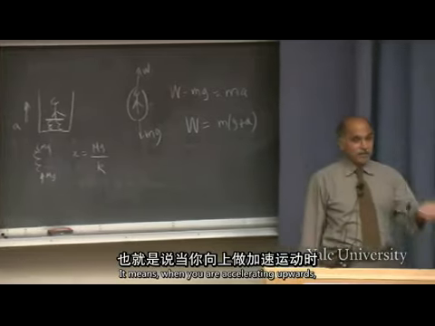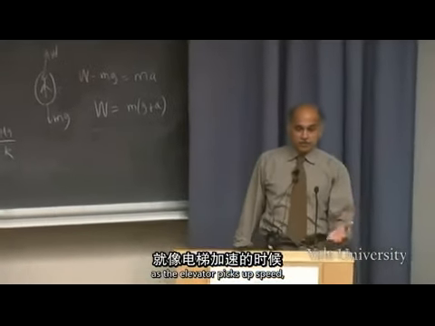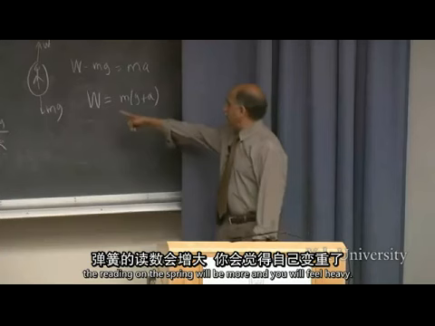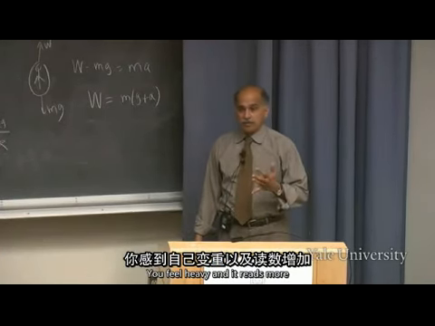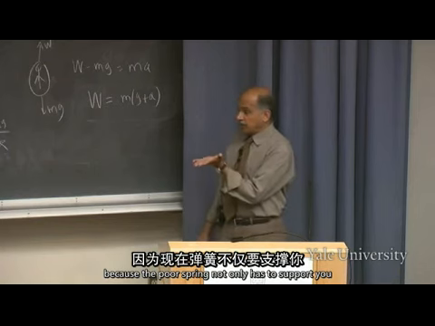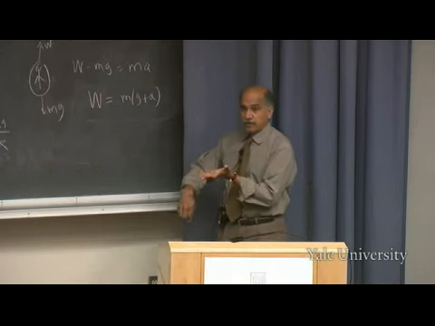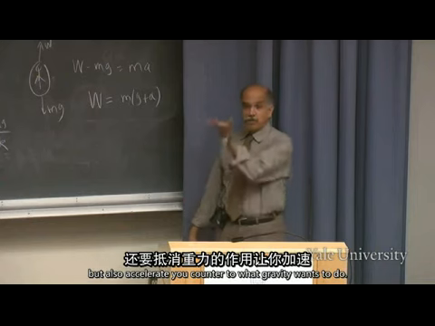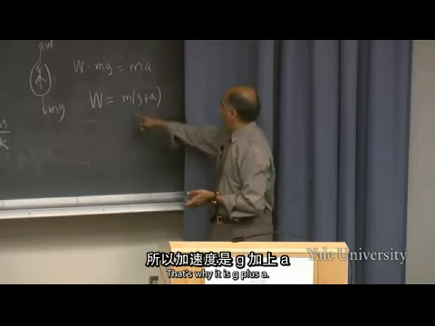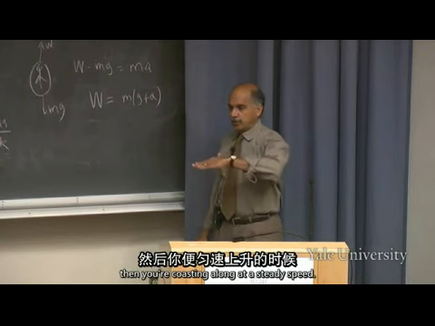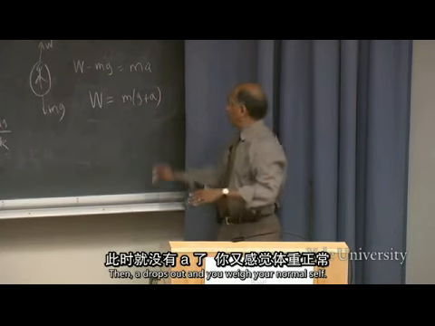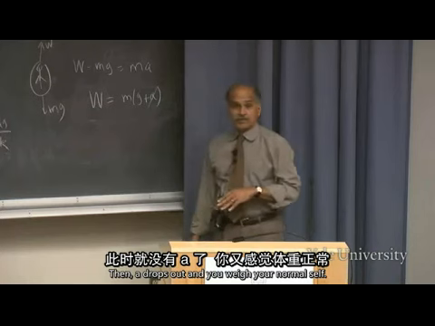That means when you're accelerating upwards, as the elevator picks up speed, the reading on the spring will be more and you will feel heavy. You feel heavy and it reads more because the poor spring not only has to support you from falling through the floor, but also accelerate you counter to what gravity wants to do. That's why it is g plus a. So you picked up some speed, then you're coasting along at a steady speed, then a drops out and you weigh your normal self.